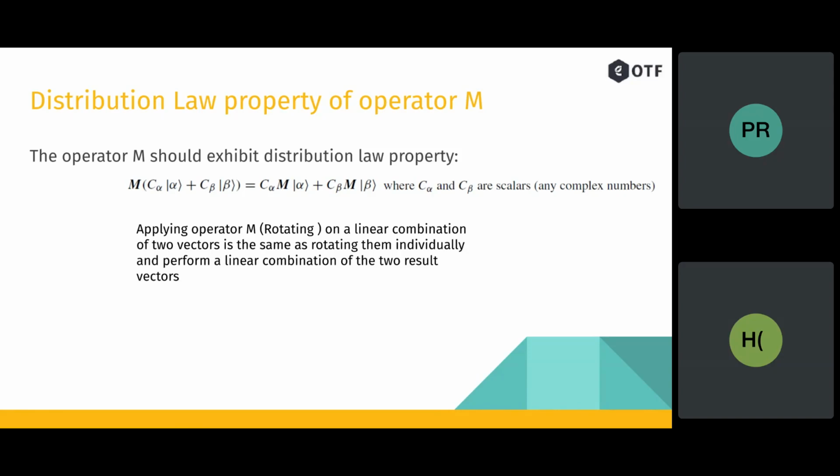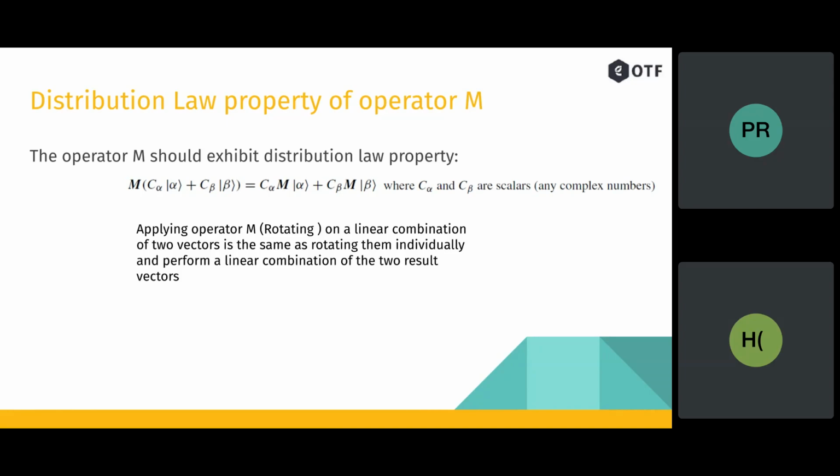Essentially, this is the distribution law, that is A into B plus C is equal to AB plus AC, which we do in algebra. In this case we are operating with a matrix, but the order stays the same, in the sense that we can move any scalar to the left or right, but we don't move any vectors.